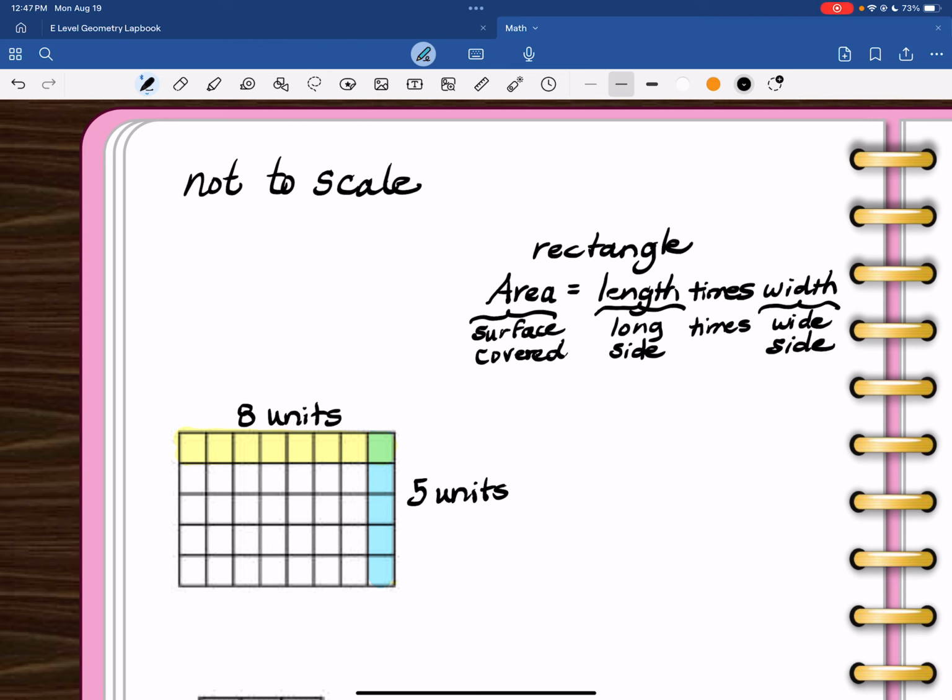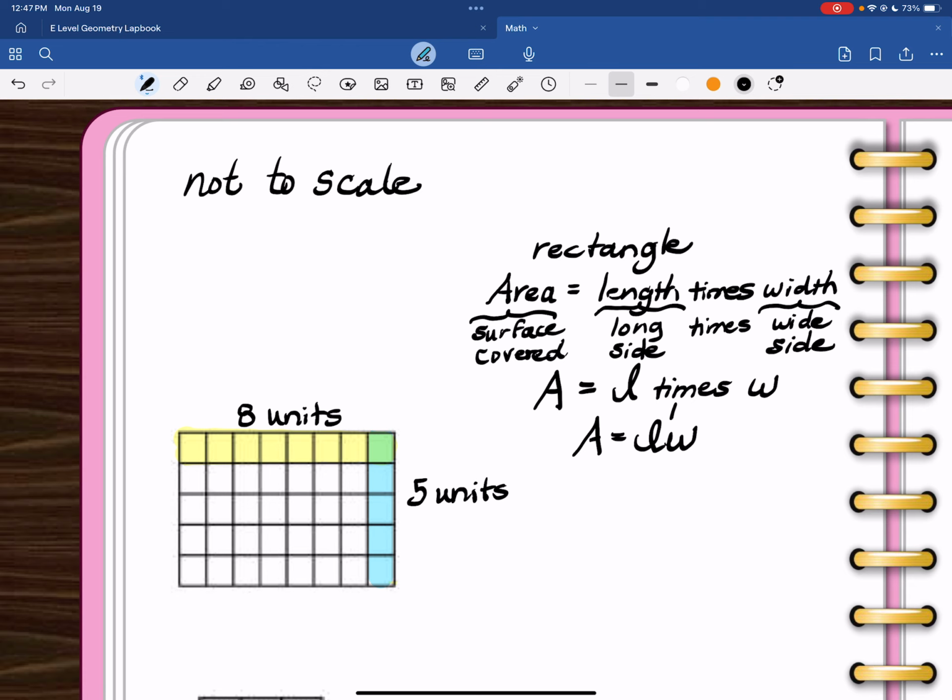So let's shorten it. Capital A for area is length, and I do a cursive L so it doesn't look like a 1, times width. And mathematicians don't even want to write the word times, so this is how we would write the formula: A equals L W. Area equals length times width.